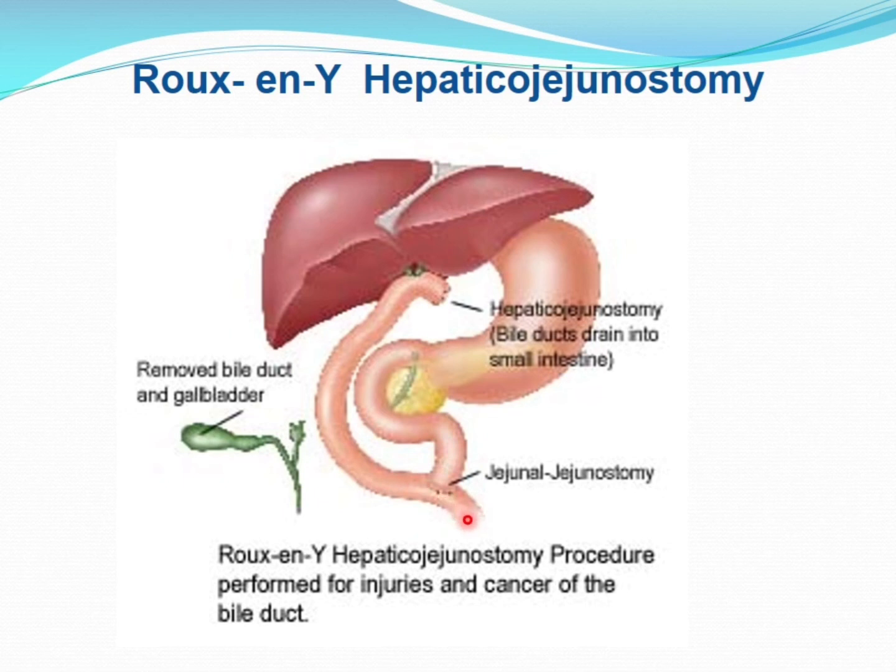This is the Roux loop for anastomosis to the proximal part of the bile duct for biliary drainage, and this is the jejunum end-to-side anastomosis here to form the Roux-en-Y configuration of the Roux-en-Y hepaticojejunostomy.